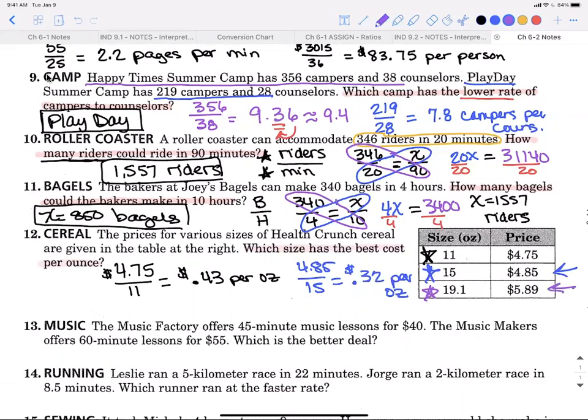This one right here. What do I put on top? Nope. Look at the other ones. What do I put on top? 589 on top. What goes on bottom? 19.1. Okay, punch that in your calculator and tell me what you get.